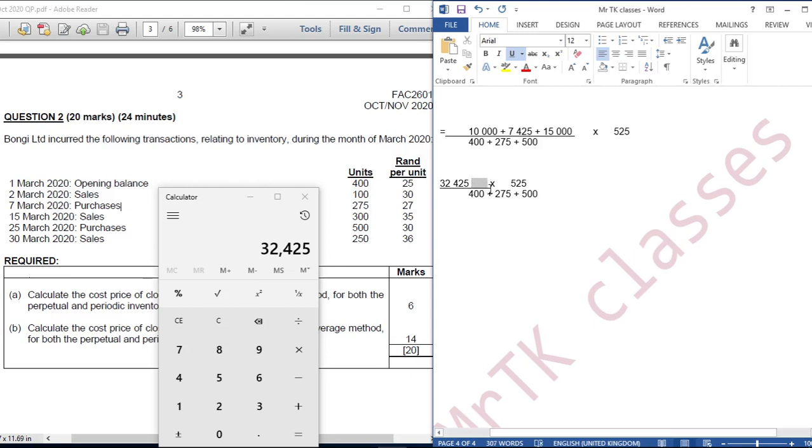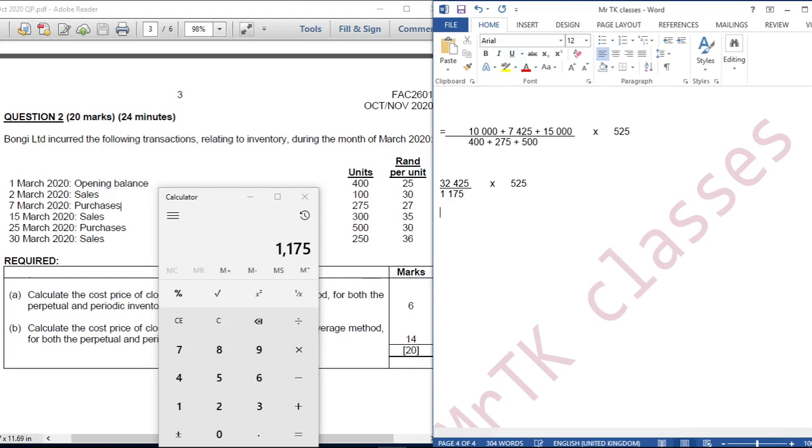And then the denominator, let us simplify it. We are going to say 400 plus 275 plus 500. We are going to get 1,175. Okay, so now we need our final answer.